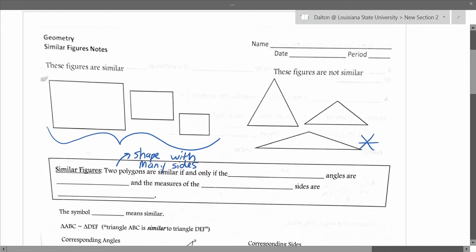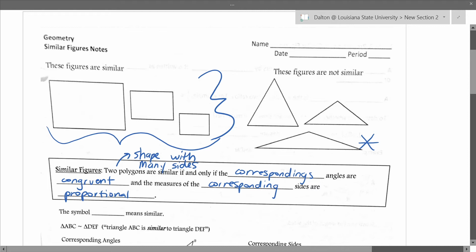Two polygons are similar if and only if the corresponding angles are congruent and the measures of the corresponding sides are proportional. And that's the word I was thinking of to describe this group of shapes: proportional.